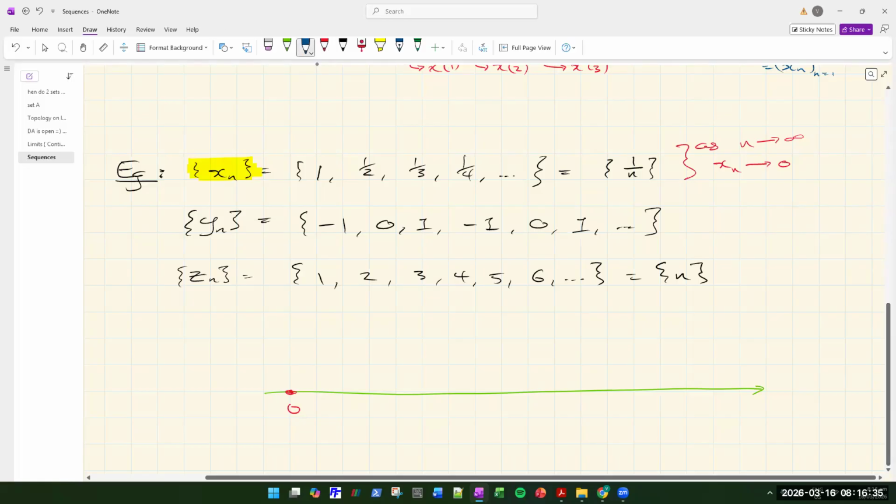And maybe over here is 1, and then we go to a half. So these represent the terms of my sequence. 1, a half, right? So I'm not drawing it to scale, but you get the idea. A third, a quarter, a fifth, and so on. Right? So the terms seem to be approaching zero.